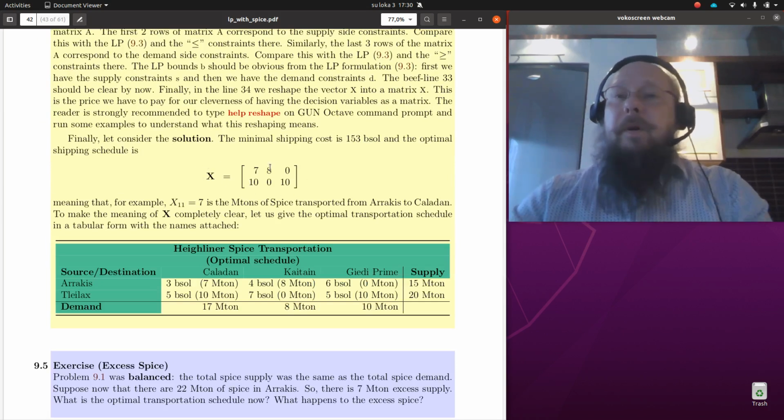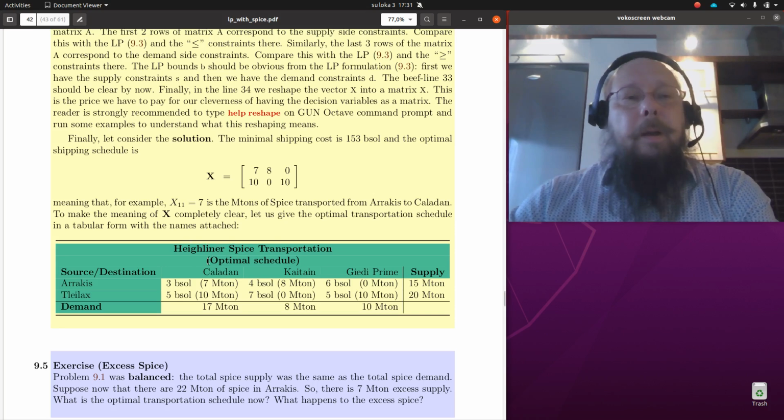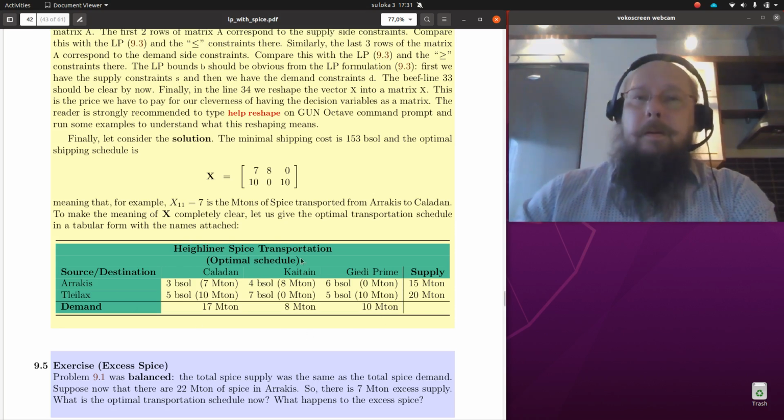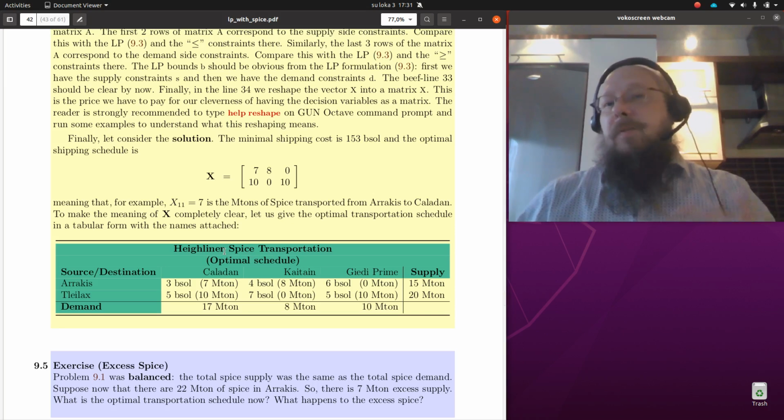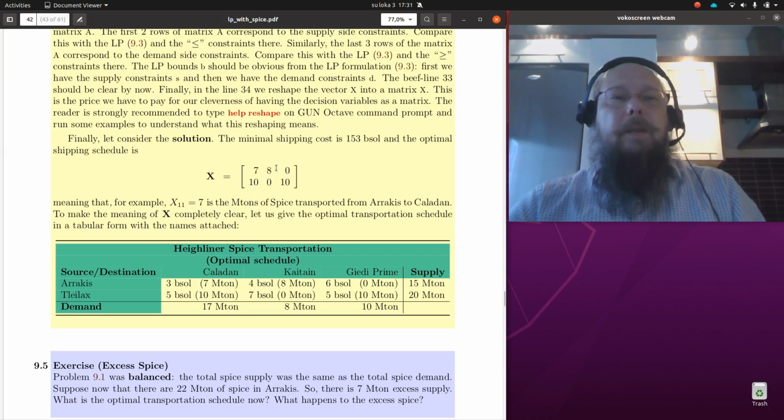And for your convenience, I have written them down in this highliner spice transportation problem. So the problem is repeated here, and in the parentheses I put the optimal schedule. I mean, this is one way of representing this. So these numbers here in the parentheses are these numbers here.